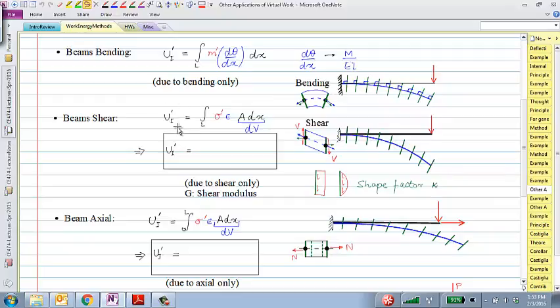Internal energy is always virtual stress times real strain. This is something that we saw when we talked about the method of virtual work. And it's integrated over the volume of the body, dV. For beams, it just happens to be area of cross section times dx. So let me ask you this now. For the shear case, when I apply some load and draw the shear force diagram, it would just look constant, right?